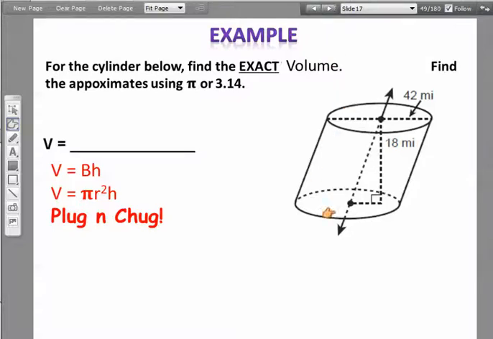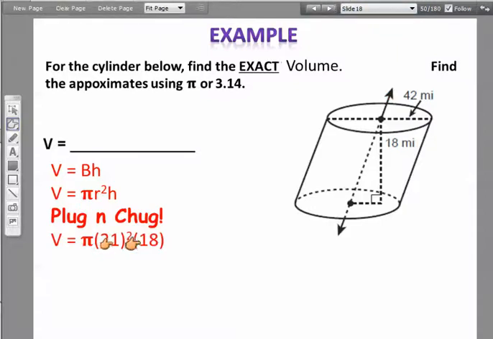This is an oblique. This is probably where I actually remember working this problem. Here my height is 18, my diameter is 42, so I'm going to have to divide that by 2 to get a radius of 21.